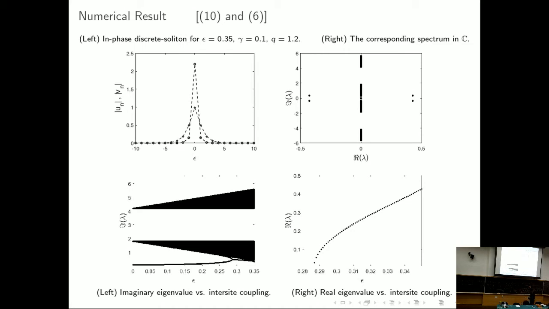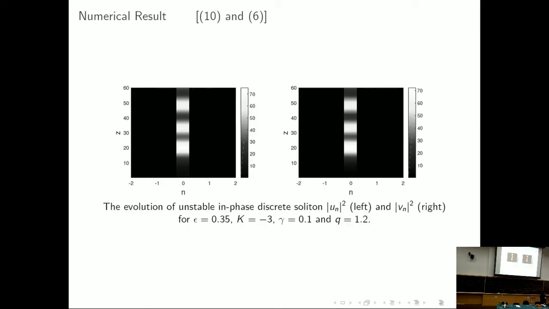And then here is the picture of the real part of the eigenvalues with respect to epsilon. You can clearly see that the real part of the eigenvalue is positive, which shows instability. And that's the picture of the soliton for the unstable case. The left one is u, and the right-hand one is v.